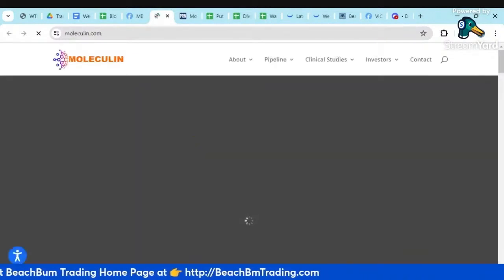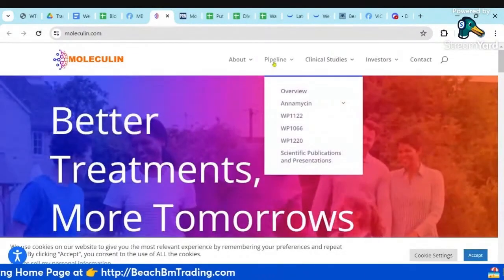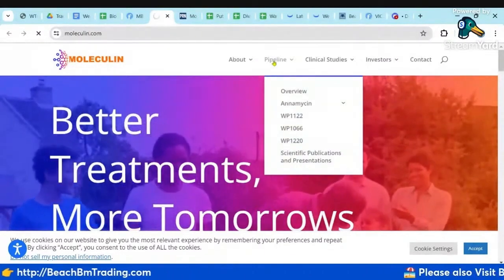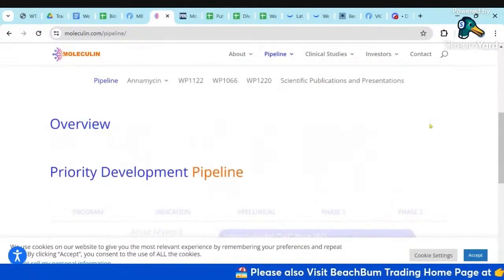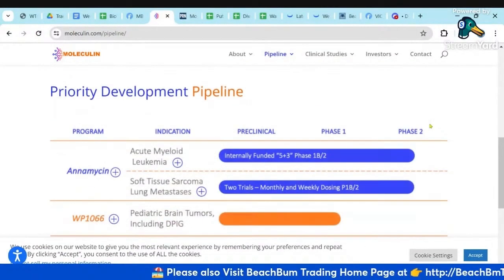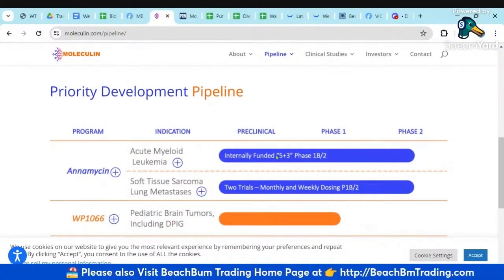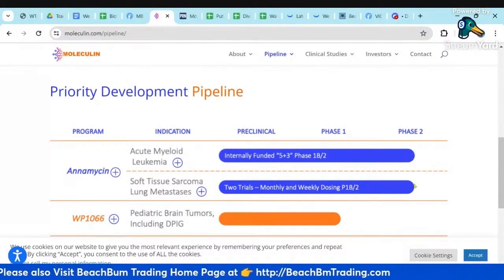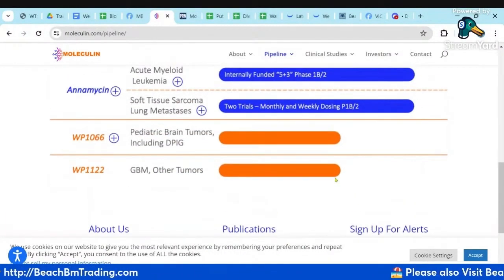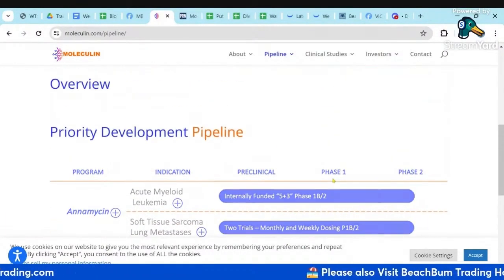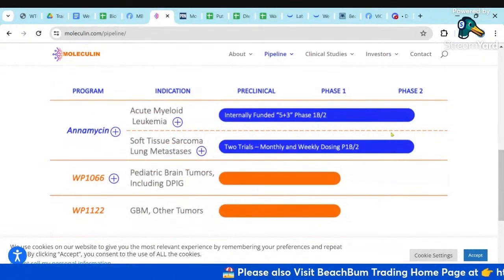If I just very quickly look at their pipeline, so let's see if we can get an overview of their pipeline, see what kind of phases they have. So they've got 2 in phase 2, and 1 or 2 in phase 1. So it doesn't look like they're super close.